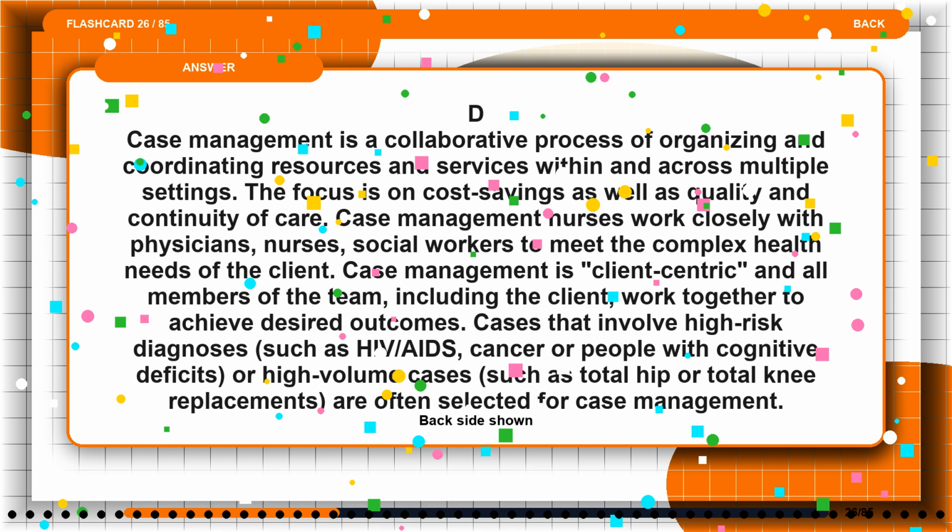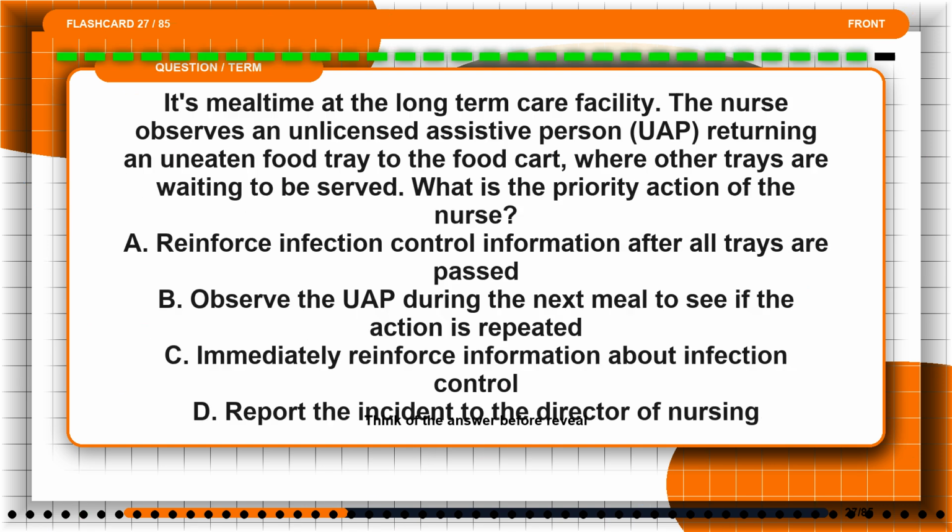Case management is client-centric, and all members of the team, including the client, work together to achieve desired outcomes. Cases that involve high-risk diagnoses such as HIV/AIDS, cancer, or people with cognitive deficits, or high-volume cases such as total hip or total knee replacements, are often selected for case management. Flashcard 27.